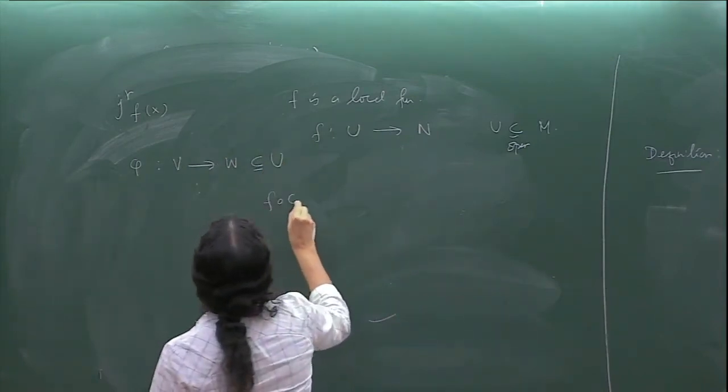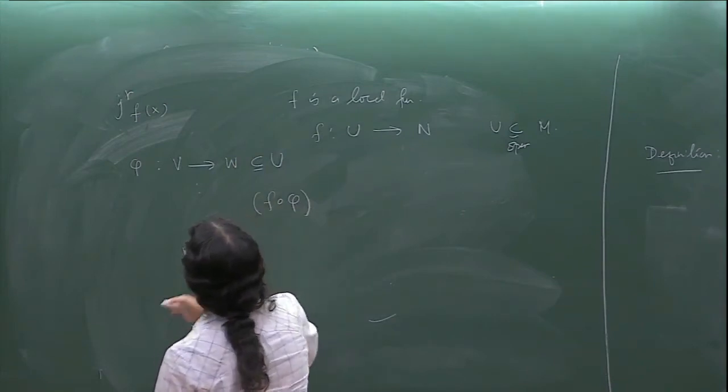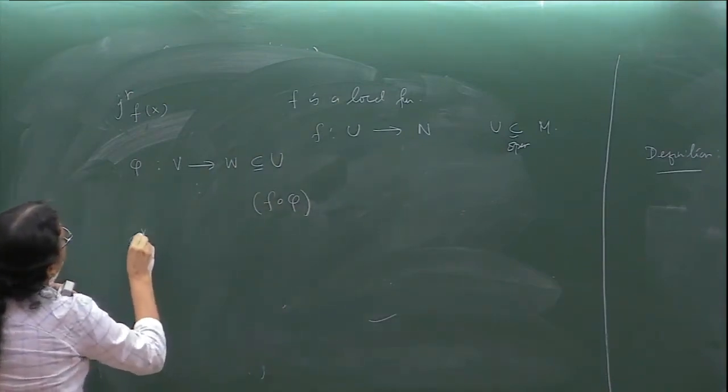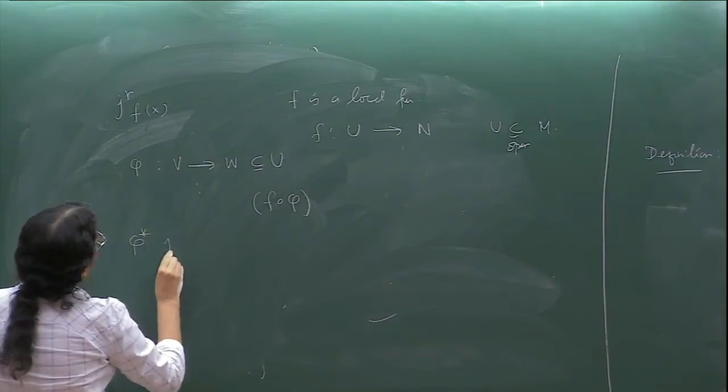So I can compose this phi. So the action is this, phi upper star of j^r f.